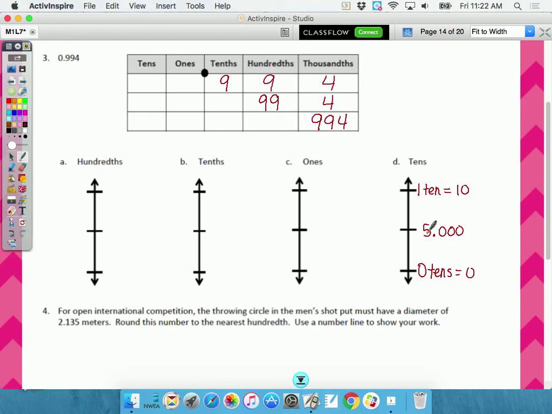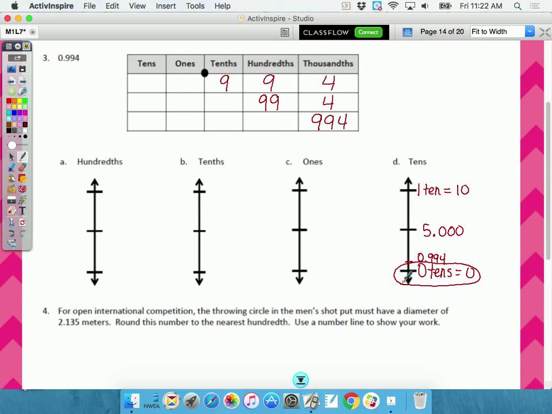And my actual number is less than 1. So where do you think it goes? Way down below, right? When you write 994 thousandths on your number line, make sure you have 0 decimal. What does it round to? It rounds to 0 or 0 tens.